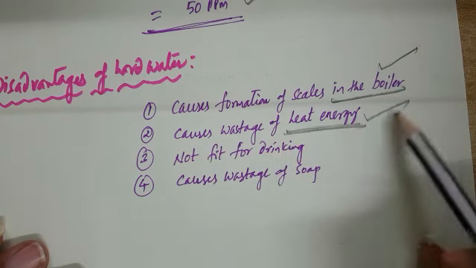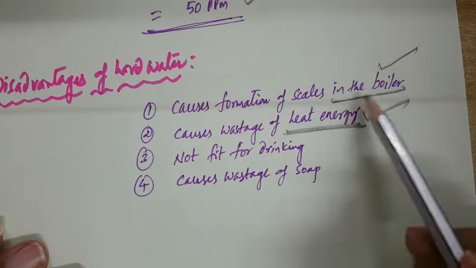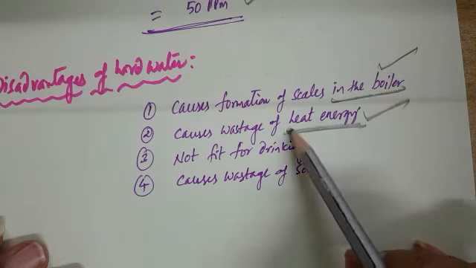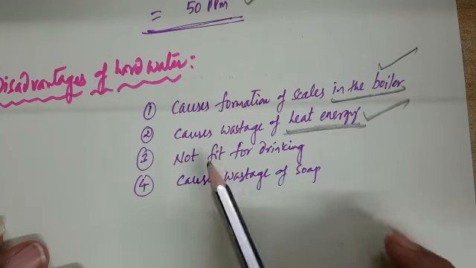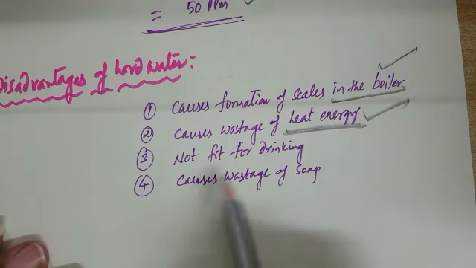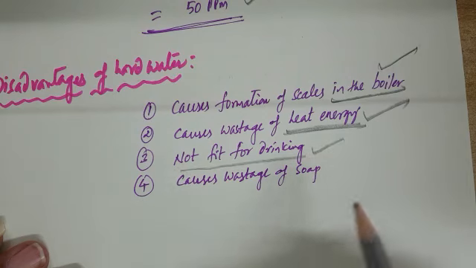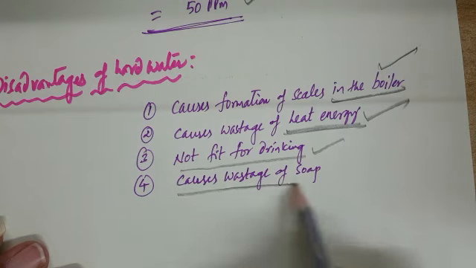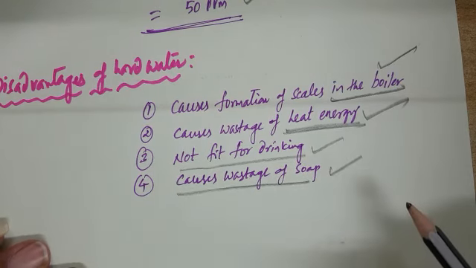Definitely more heat is required when there is scaling inside the boiler, so that is a waste of heat energy. And it is also not fit for drinking. And also wastage of soap, more soap is required.